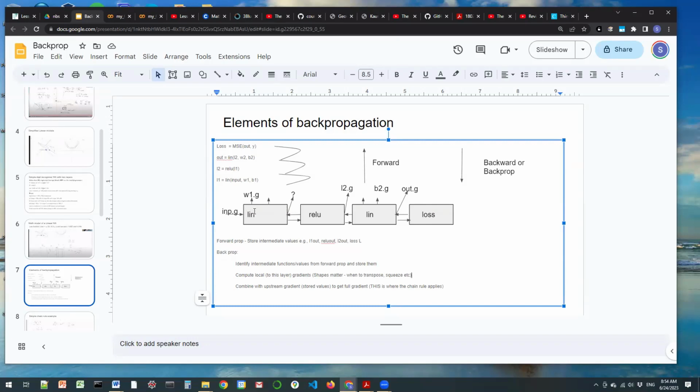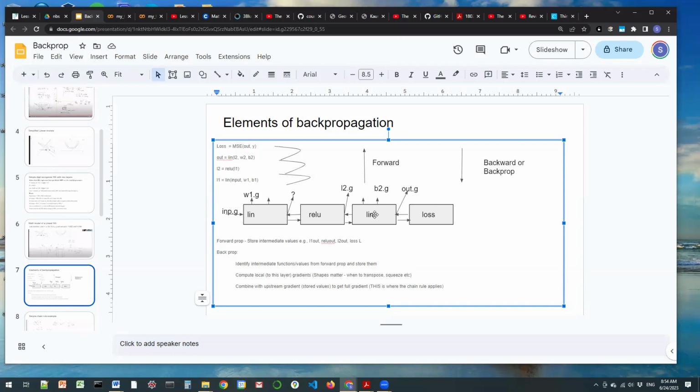To do that properly, this is where the chain rule, the rule of differentiation that applies when we compose functions, comes into play, and we'll look at that mathematically in a little more detail in the subsequent couple of slides. What we have to do is take the incoming gradient, the differentiated output from the downstream unit, and multiply it with every gradient that we have computed within the block.